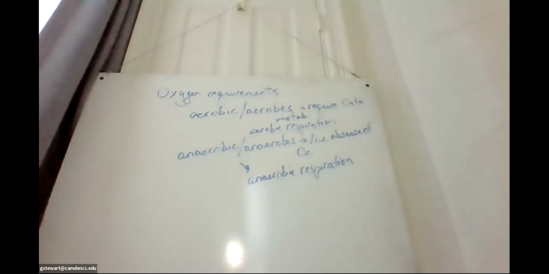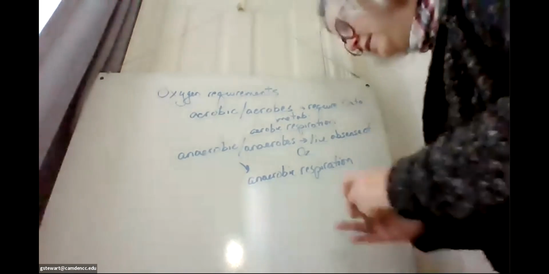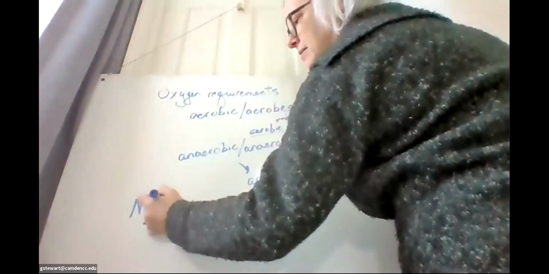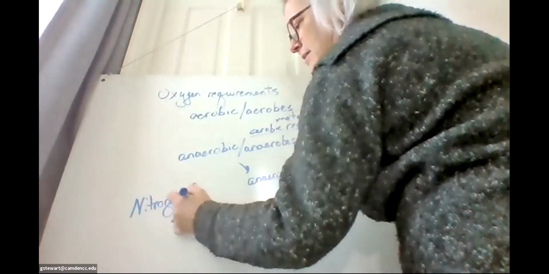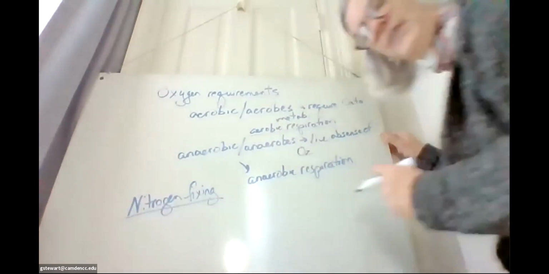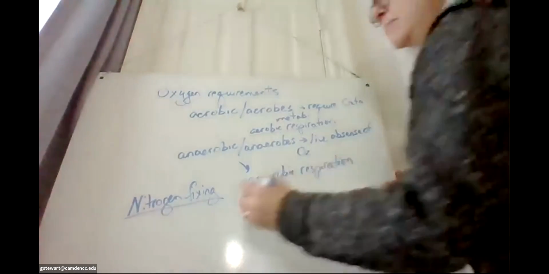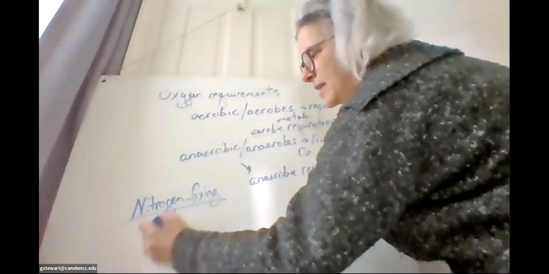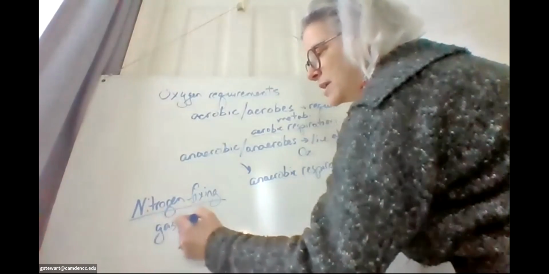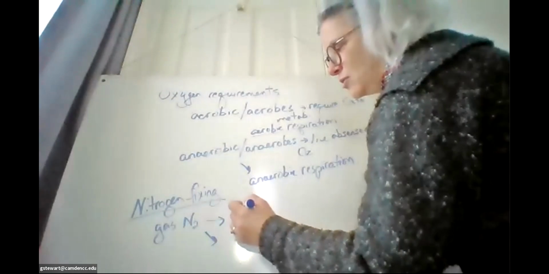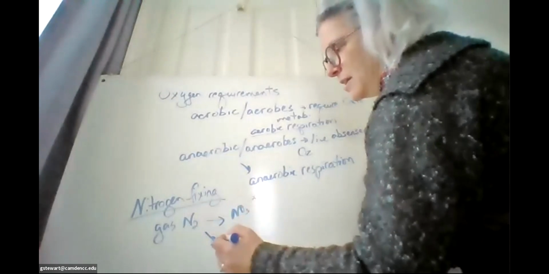And the last thing that's really important that we should mention is nitrogen fixing, because this is super important to basically life on Earth. Pretty much only bacteria can take the gas form of nitrogen, N2 gas, and convert it into things like nitrates and nitrites.